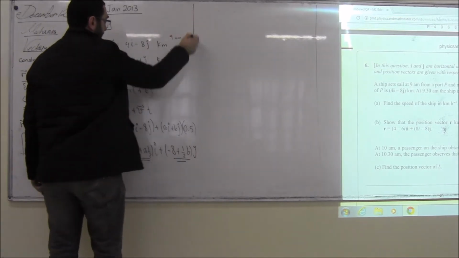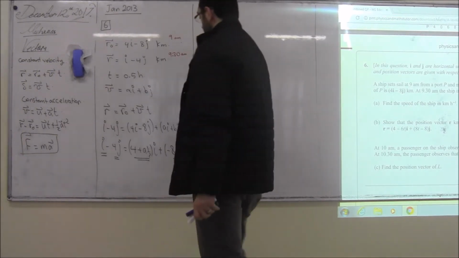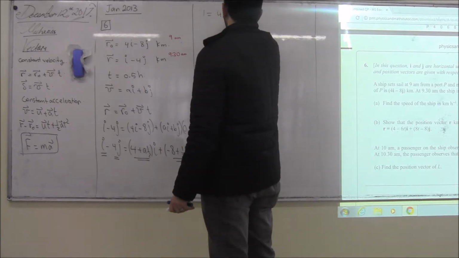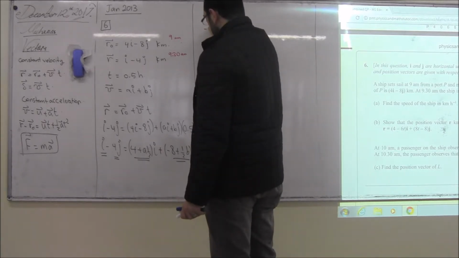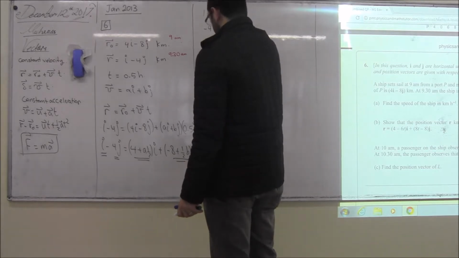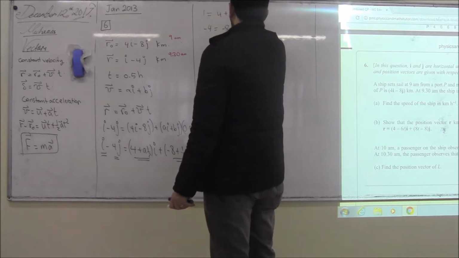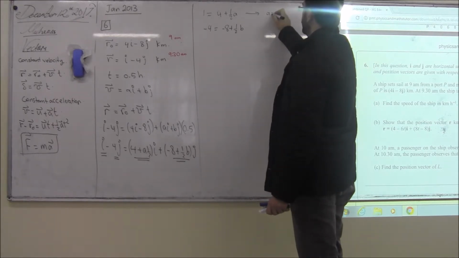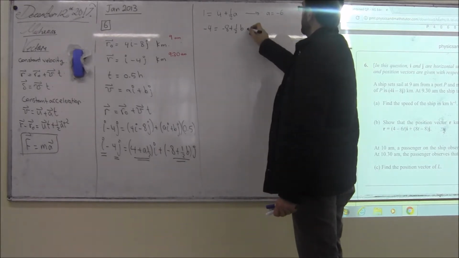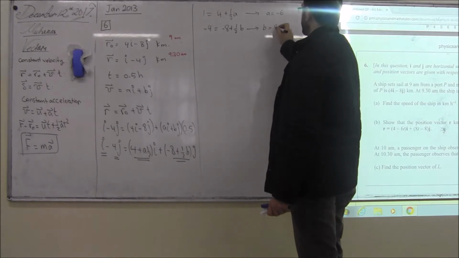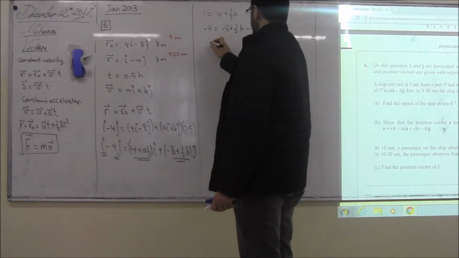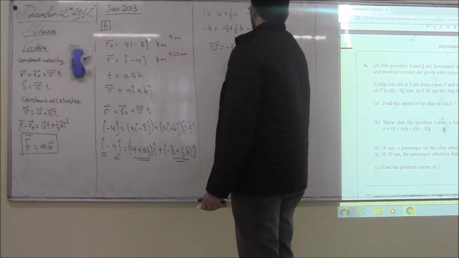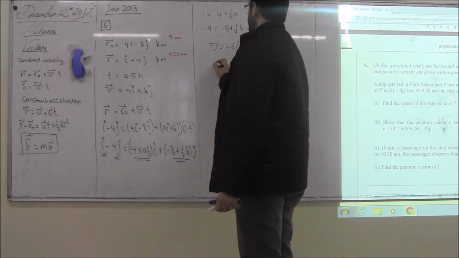This becomes 1 equals 4 plus half a, and minus 4 equals minus 8 plus half b. So a equals negative 6, and b equals 8. So velocity is minus 6i plus 8j kilometers per hour.